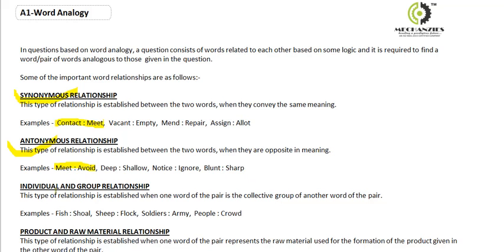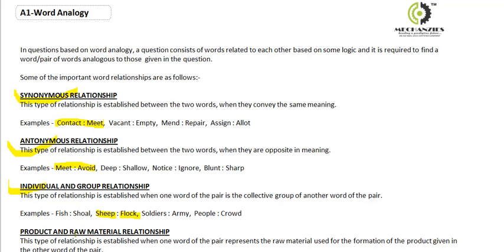Our third group is individual and group relationship. In this, the relationship is established when one word of the pair is the collective group of another word of the pair. Like here, for ship, if it is single, then it's just a ship, but if it is in a group, then we call it a flock, the flock of ships.